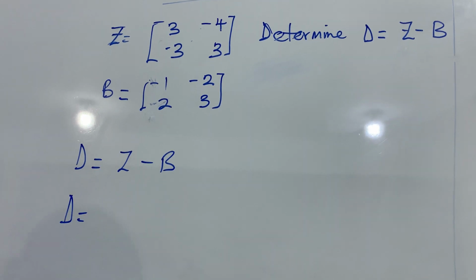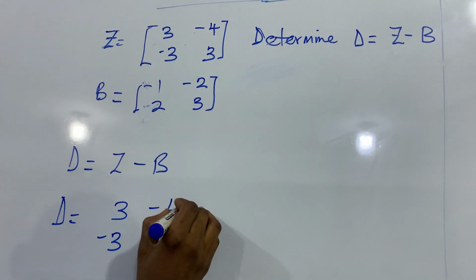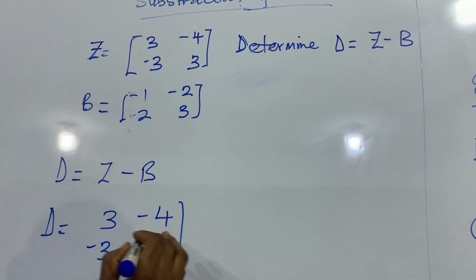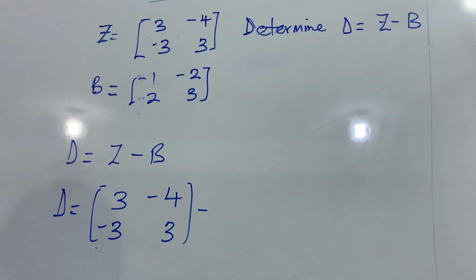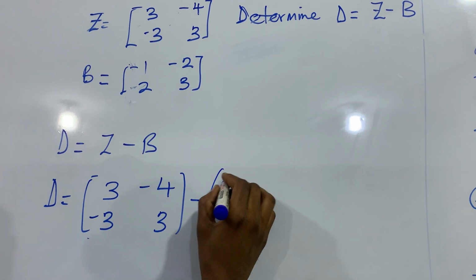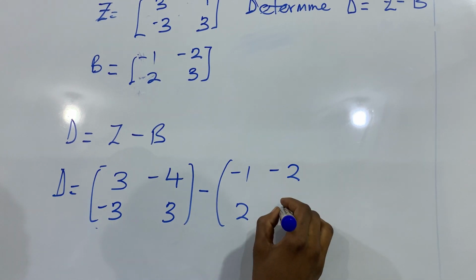D will be equal to 3, minus 3, minus 4, 3 minus 1, 2, minus 2, 3.